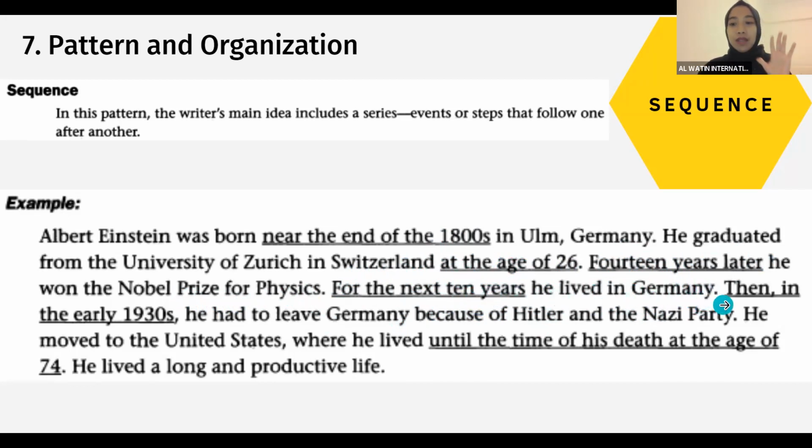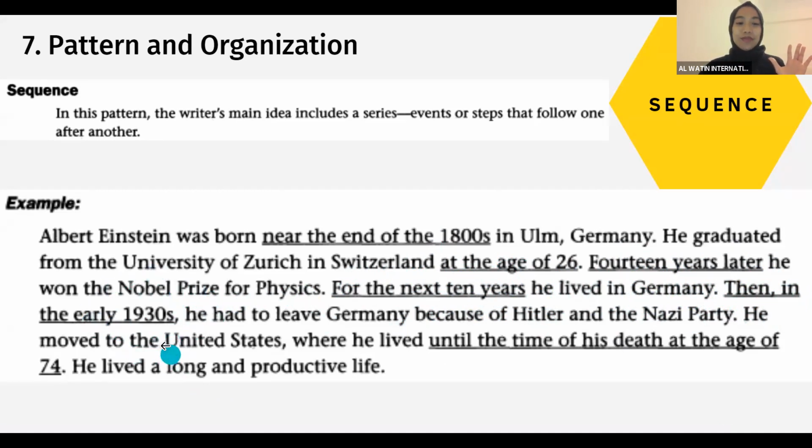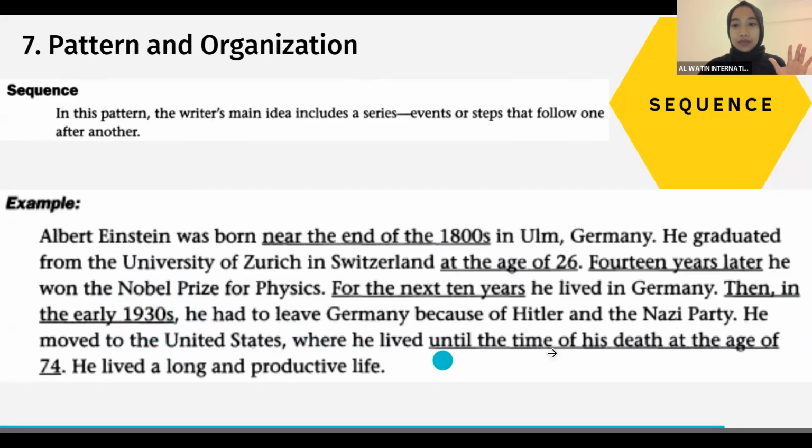The fifth timeline, they just use then after that, and then after that they use the year in the early 1930s. What else?